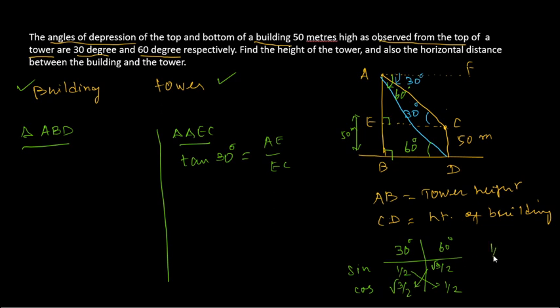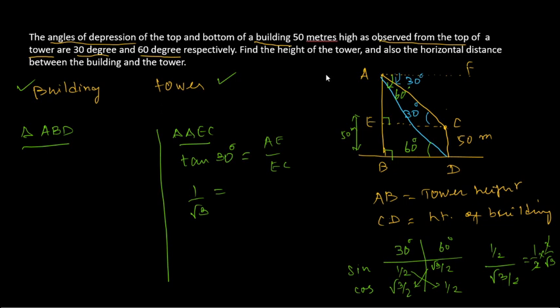Therefore 1 by 2 whole divided by root 3 by 2. So you have to reciprocate. So 1 by 2 into 2 by root 3. So that is 1 by root 3. That is equal to AE by EC. What is AE here? Which is nothing but the total height.